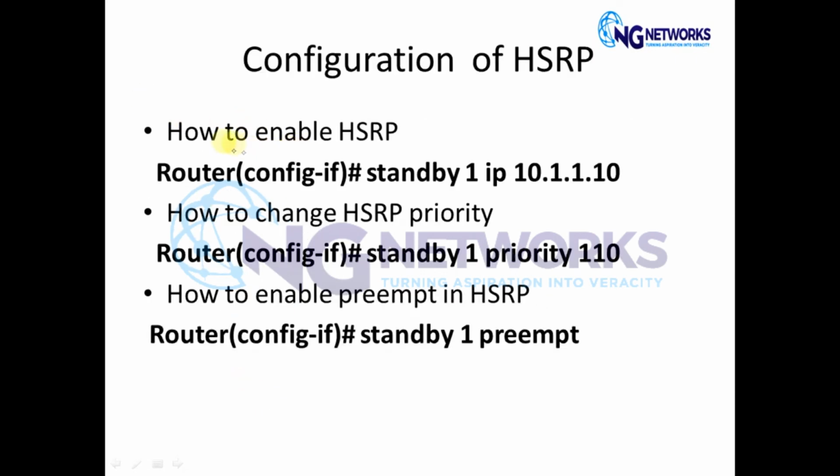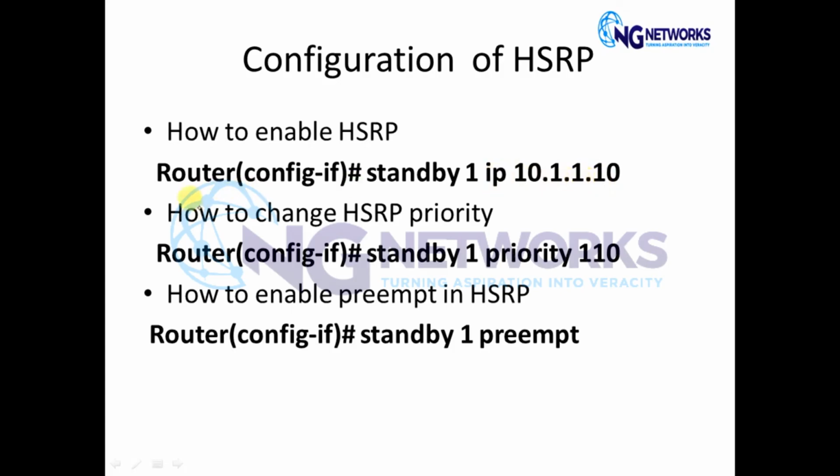First of all, how to enable HSRP? We have to enable HSRP on an interface basis. So first go to the interface, and then run the command standby, then a group number. Let's say the group number is 1, then ip and the virtual IP that you want to assign.